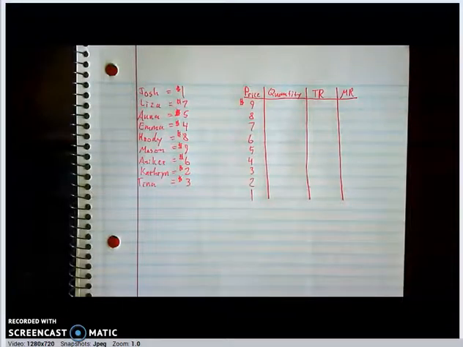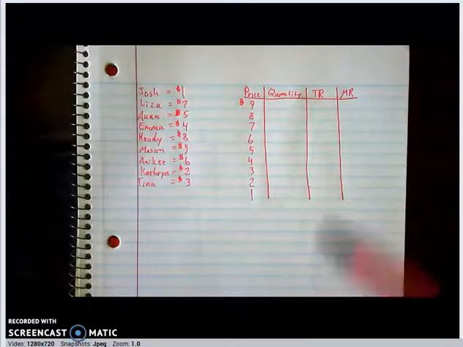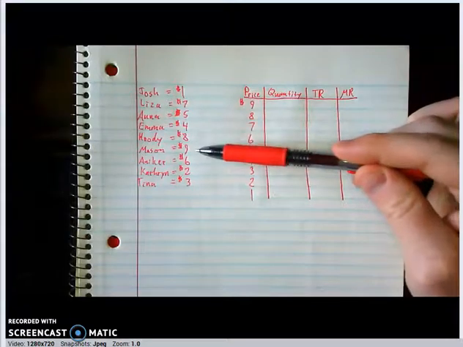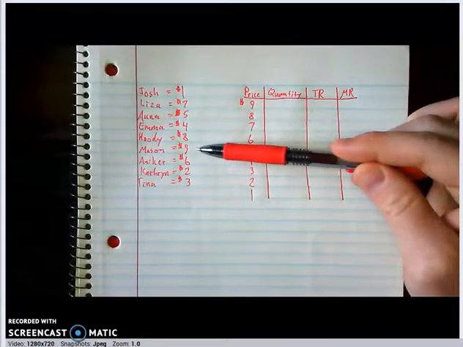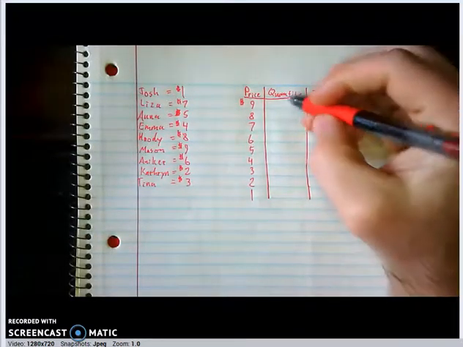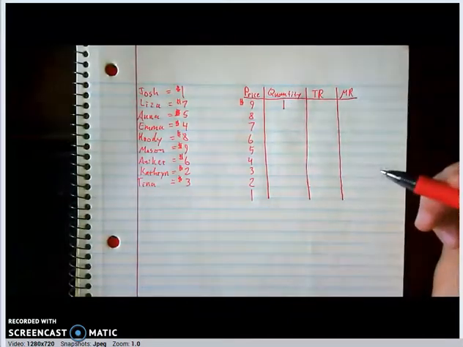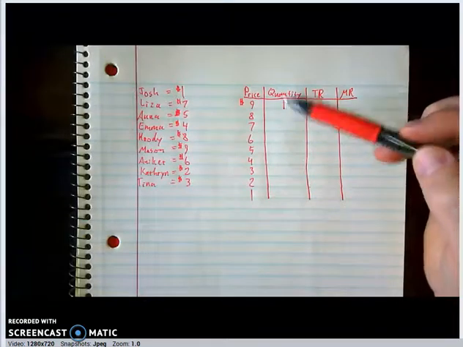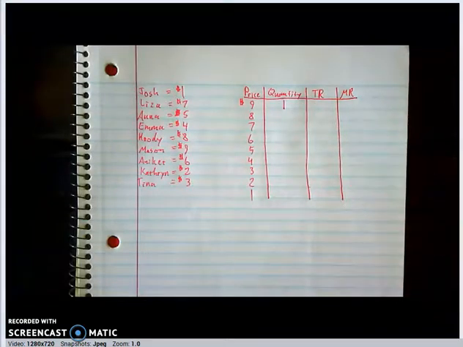So if I offer this product for sale at a price of $9, there's only one person in this data set who's willing to pay $9 for the notebook, and that's Mason. So if I offer it at a price of 9, I'm only going to sell a quantity of 1. Let's say I decide to lower my price.